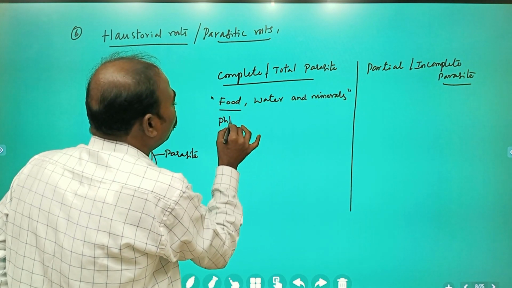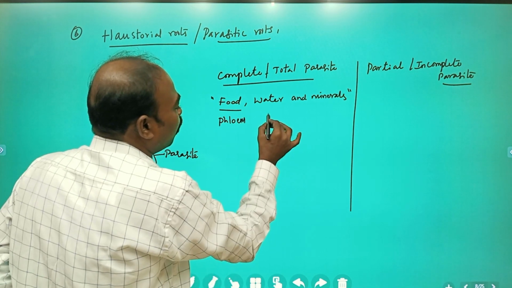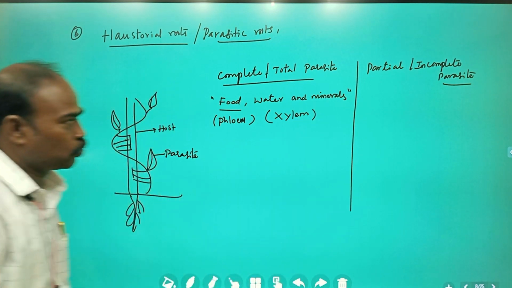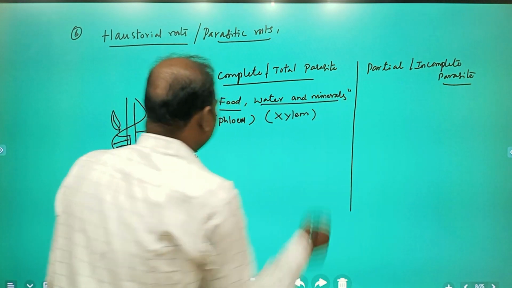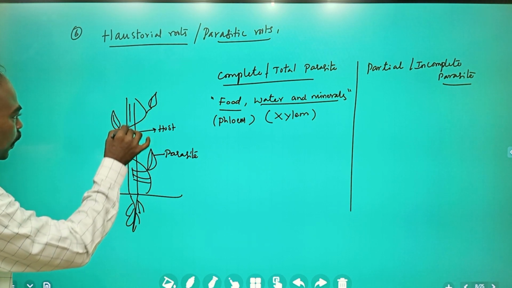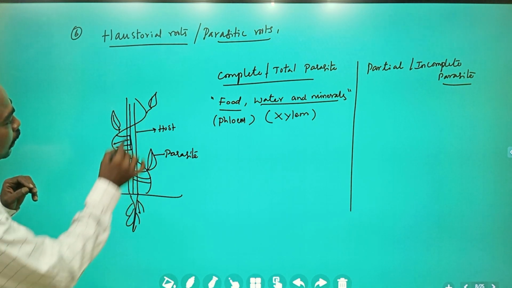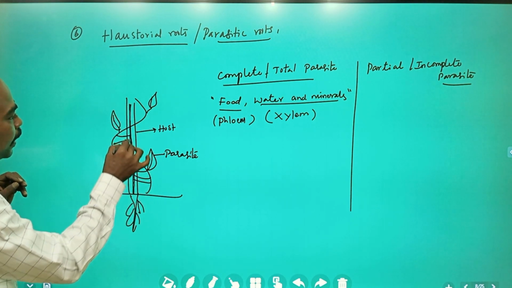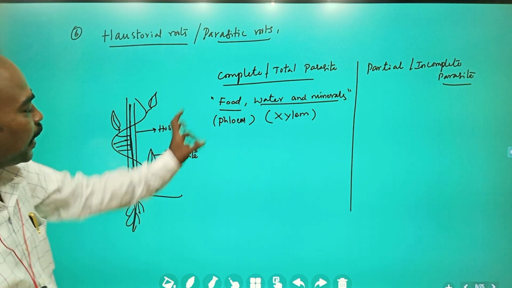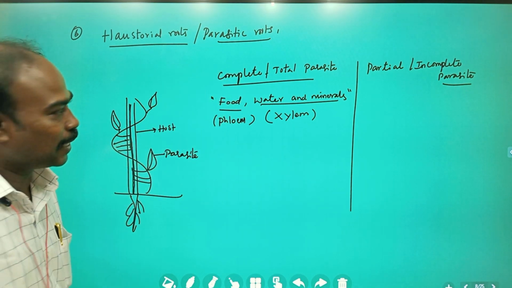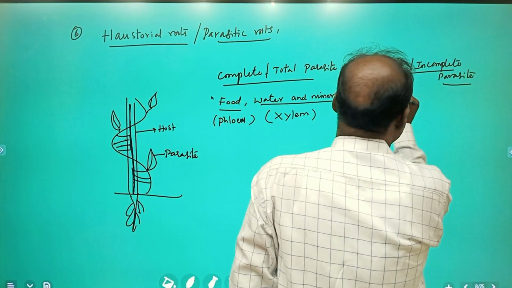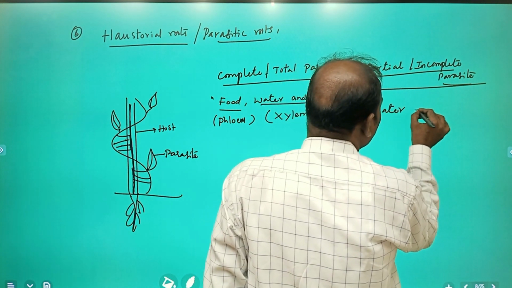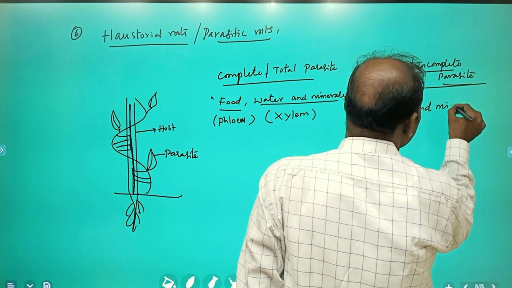Food is transported through the phloem of the host, water and minerals through the xylem. So when total water and food are absorbed from the host plant by a parasite, that is called a complete or total parasite. The partial parasite means they derive only water and minerals.